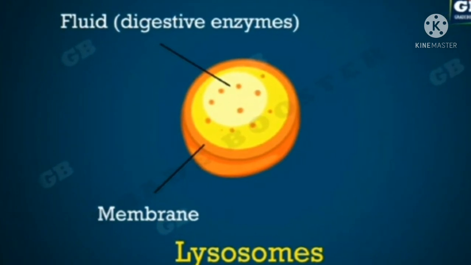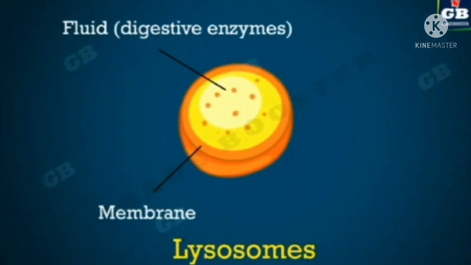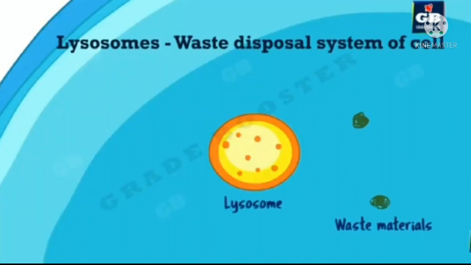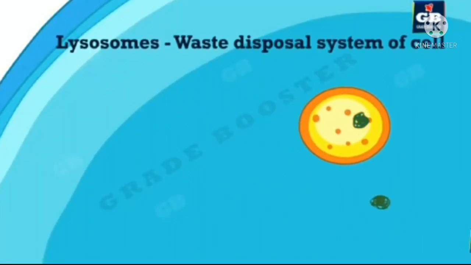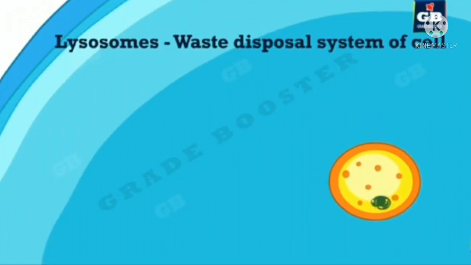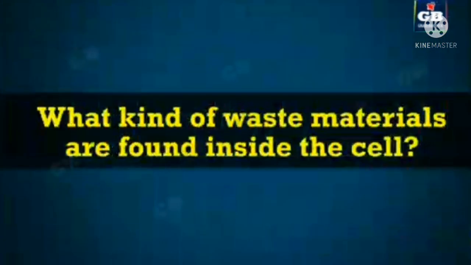Already we know that lysosomes break down waste materials in the body. The main function is to clean the waste and unwanted materials inside the cell. They are the waste disposal system of the cell. What kind of waste materials are found inside the cell?